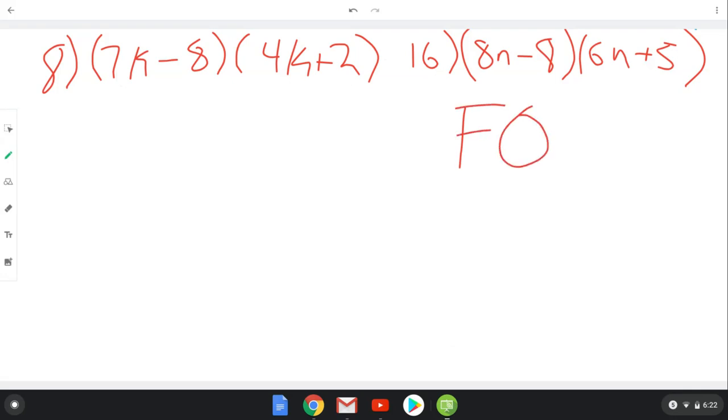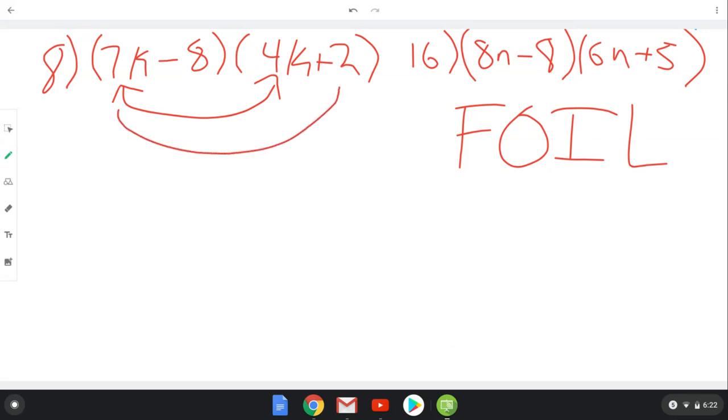So the way that we usually remember how to do this is an acronym called FOIL. It stands for front, outside, inside, last. So we're going to do front times front, outside times outside, inside times inside, and last times last.